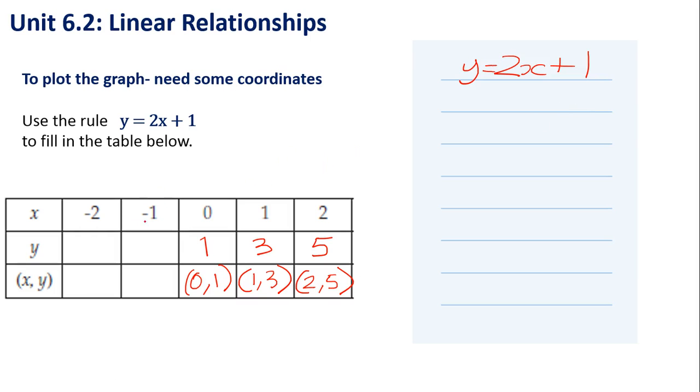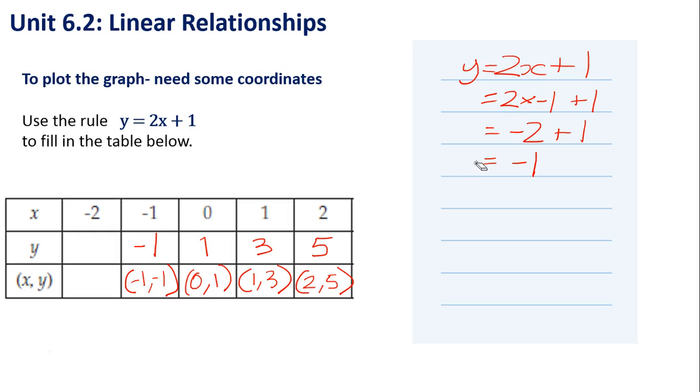Now we're substituting in -1. You need to be a little bit careful using negatives. It becomes 2 times -1 plus 1. So -2 plus 1 equals -1. So the coordinate is -1, -1.